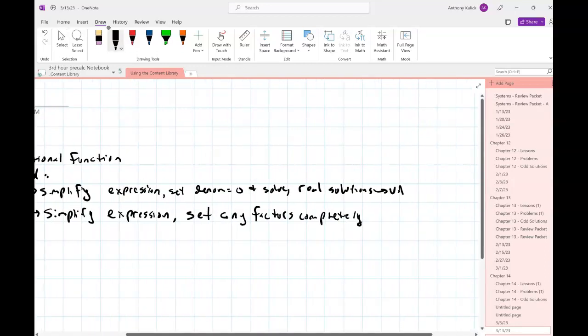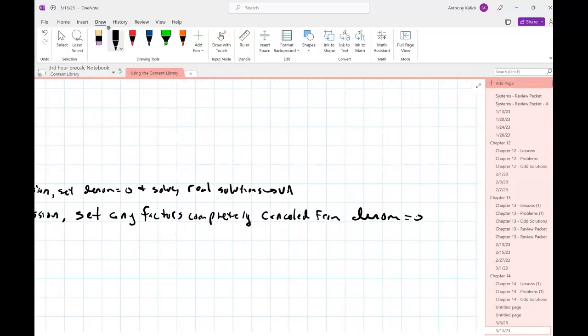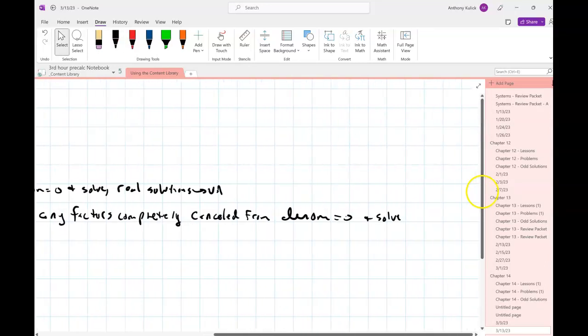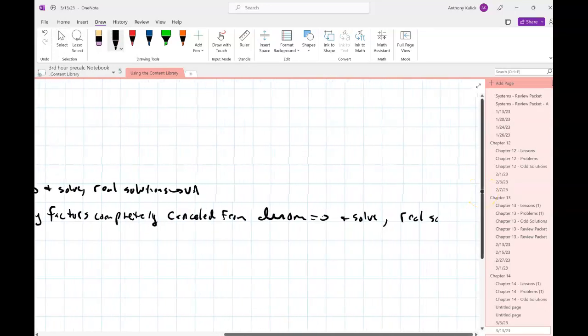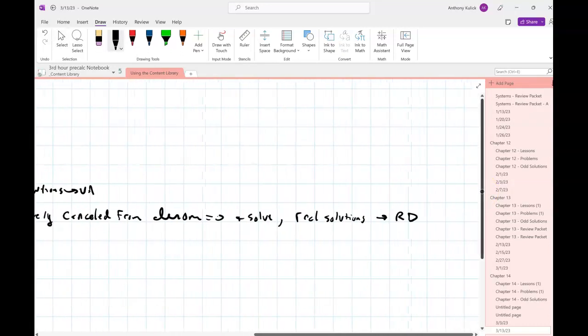So we said any factors completely canceled from the denominator, set equal to 0, and then we solve. Any real solutions to those are our removable discontinuities. So let's look at a quickie example here that'll have both a removable discontinuity and a vertical asymptote in it, so we can just kind of square ourselves on the difference between these two things.